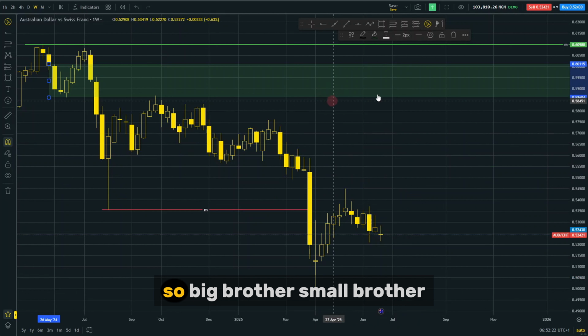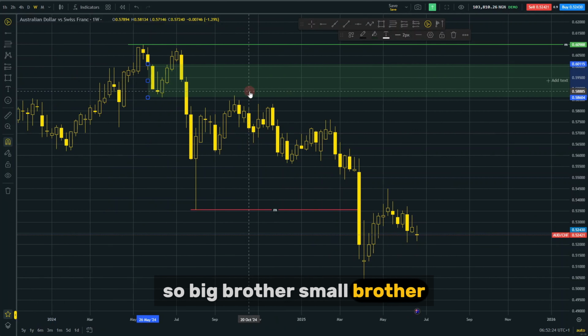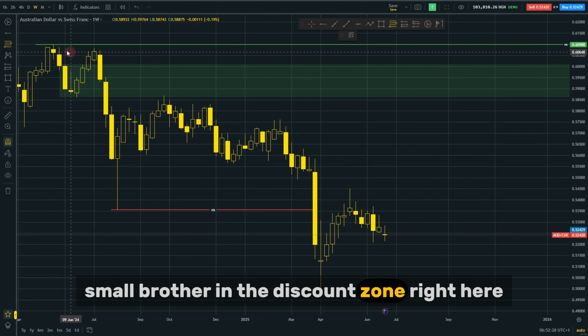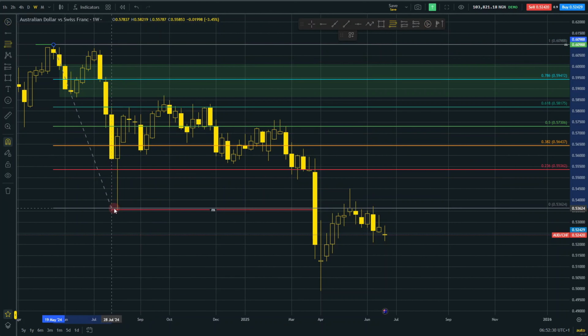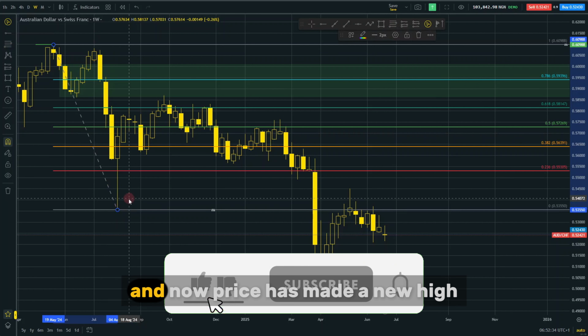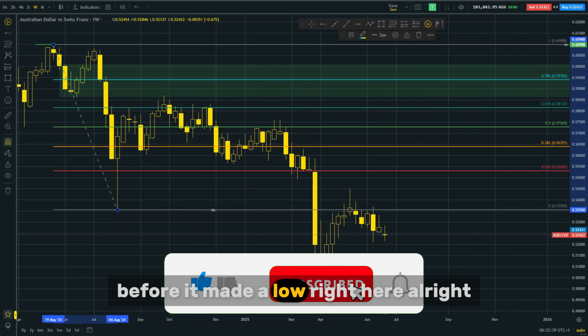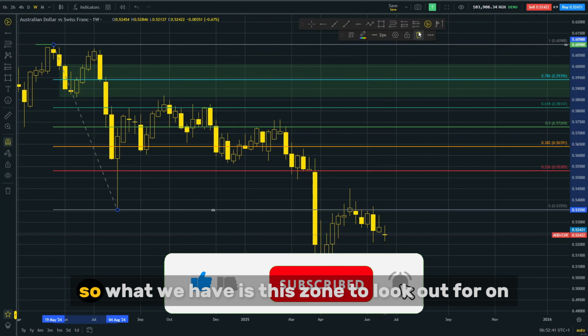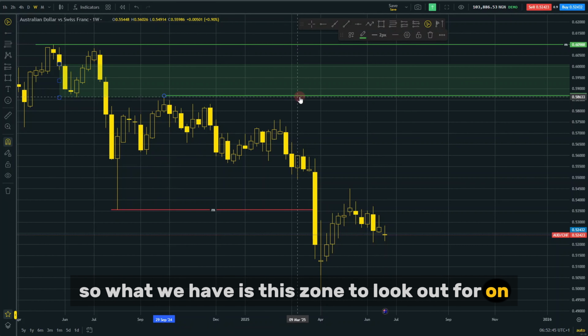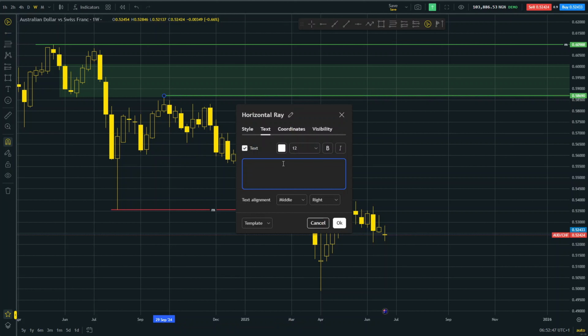So big brother, small brother. You see the big brother, small brother. In the discount zone right here, we have this price action, and now price has made a new high before it made a low right here. All right, so what we have is this zone to look out for on the weekly.